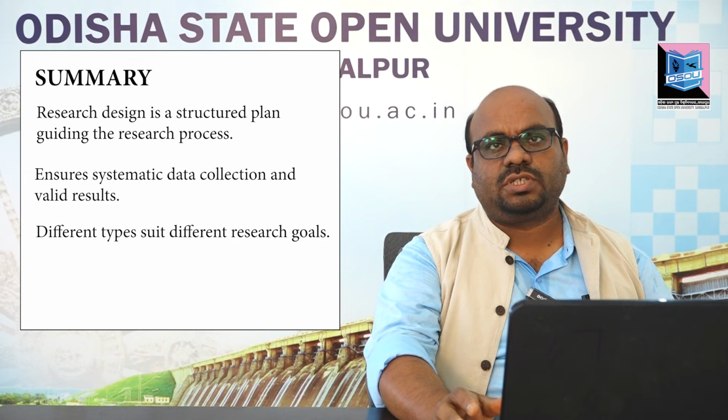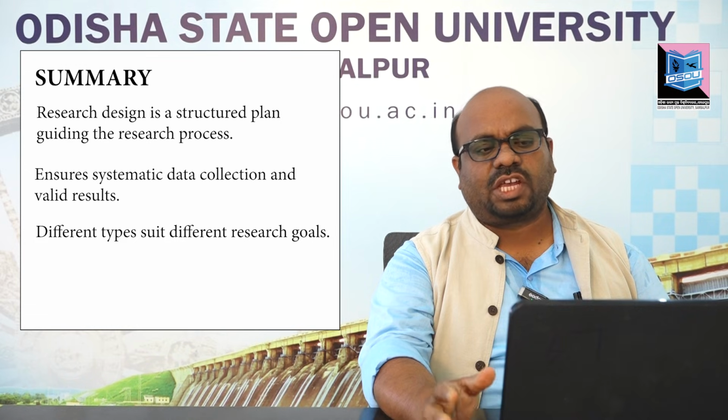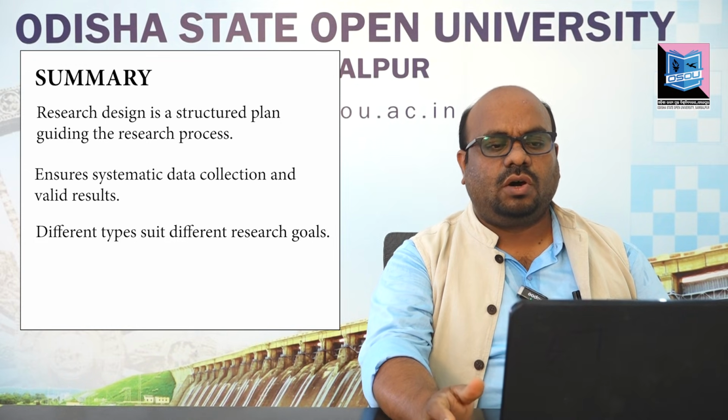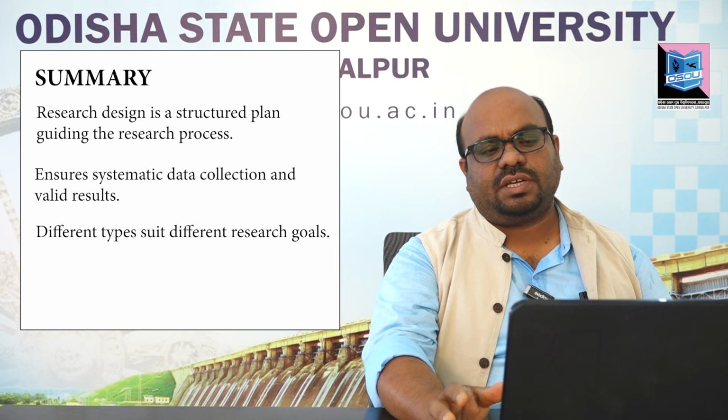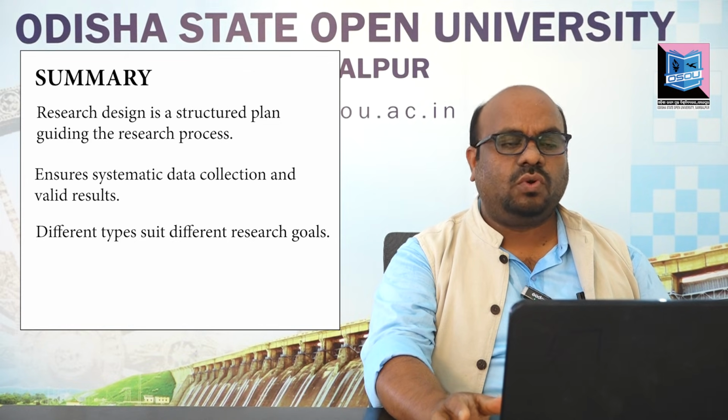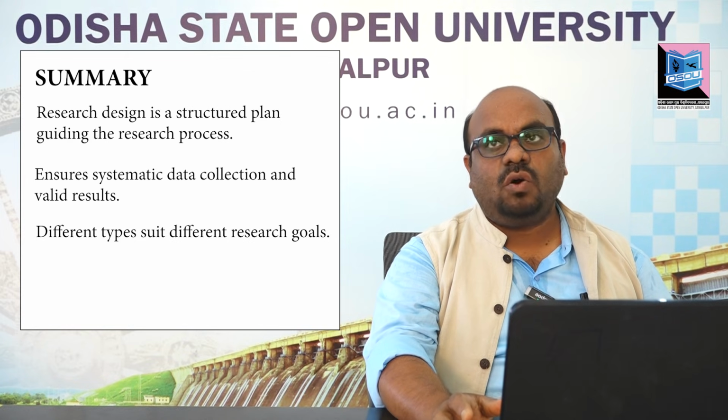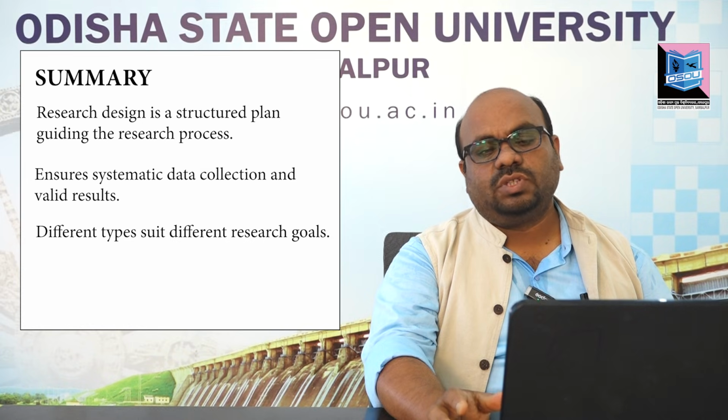Different types of research design are used based on the goals of the study. For example, we already discussed exploratory, descriptive, which looks at the characteristics of trends. Experimental design tests cause and effect relationships, and correlational design looks at how variables are related without changing them.